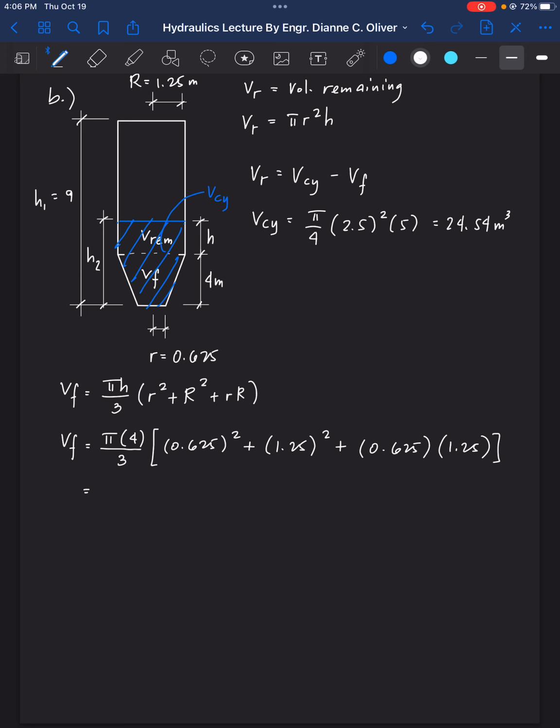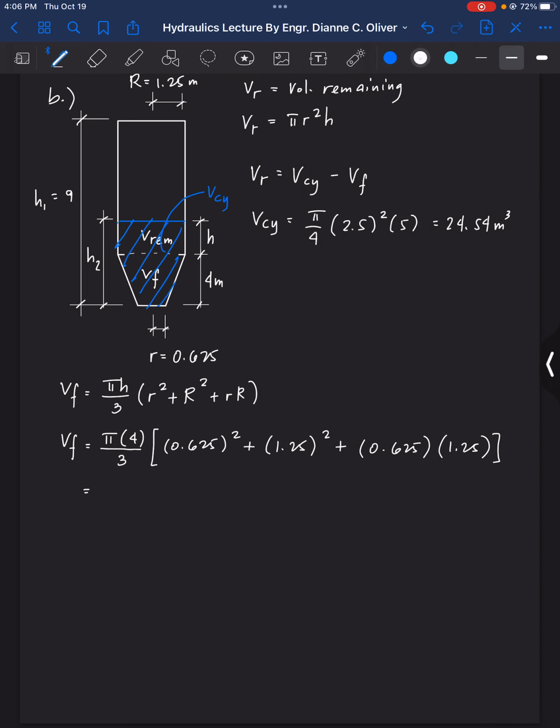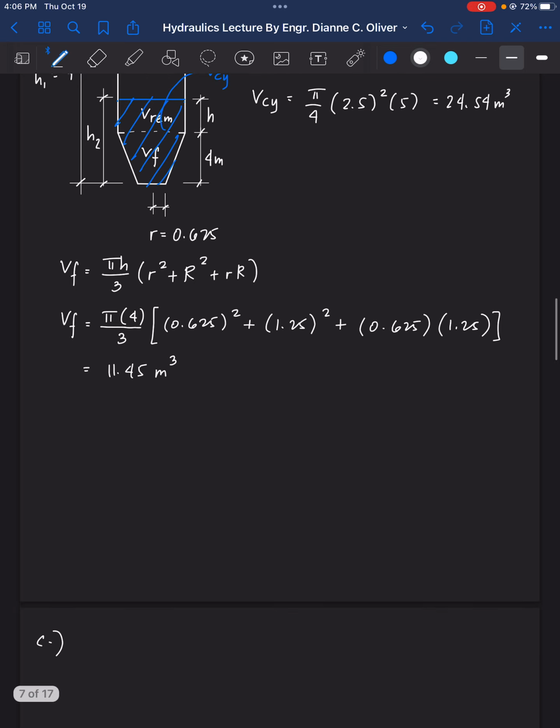So volume of the frustum of the cone now is equal to 11.45 cubic meter.